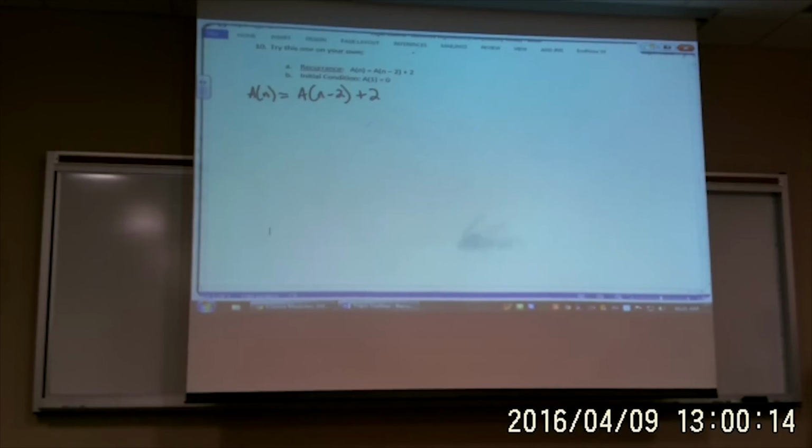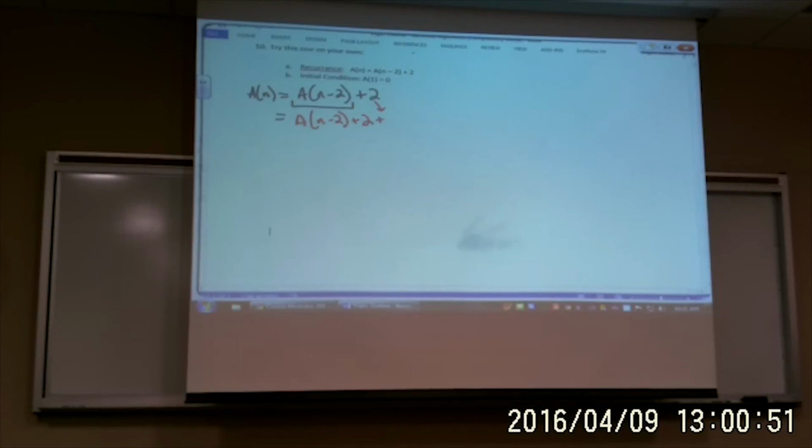So, we're starting with backward substitution. And our goal here is to identify a pattern. What we're doing is plugging in the next recursive call, making sure that both sides still stay the same. So what we've got is a of n minus 2. And in its place, we're going to plug in the next recursive call, which would be what? A of n minus 4. Very good. Plus a of n minus 2 plus 2, and then this plus 2 gets carried down.